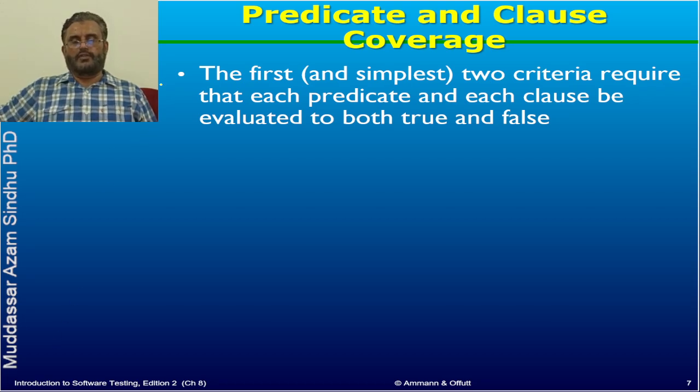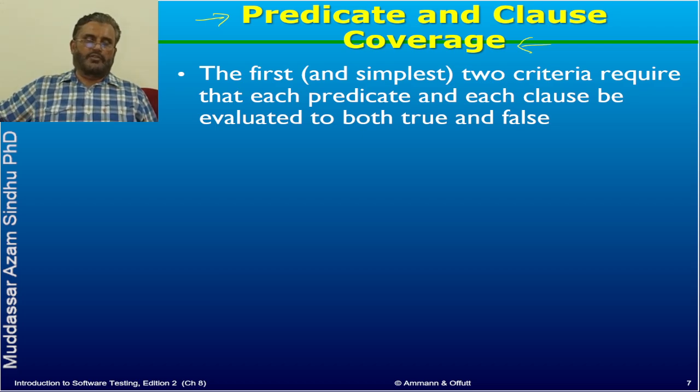This takes us to the simplest criteria in logic coverage, called predicate coverage and clause coverage. Like we had some very simple criteria in structural coverage of graphs, which consisted of node coverage and edge coverage, the first and simplest two criteria require that each predicate and each clause be evaluated to both true and false.